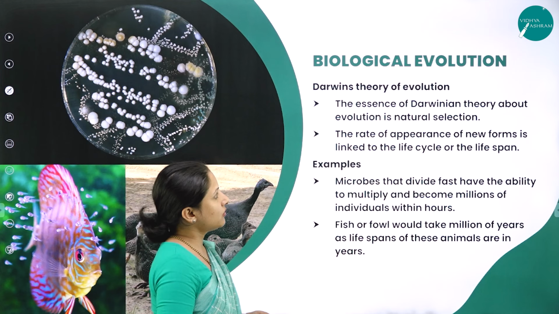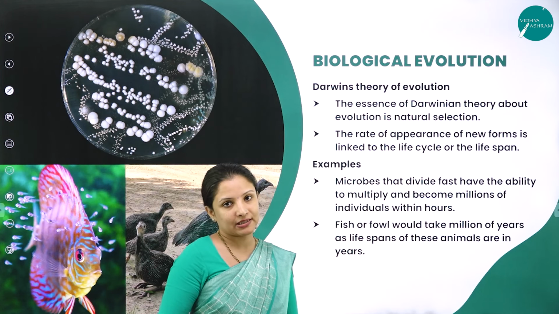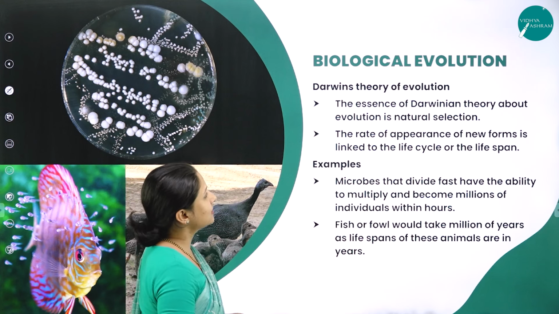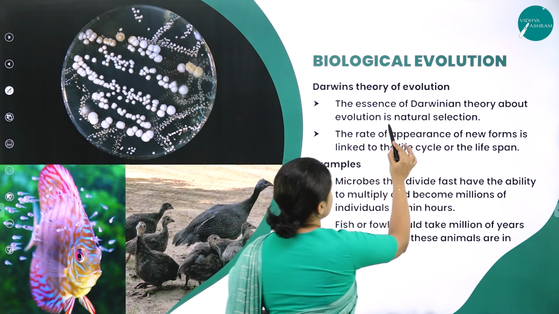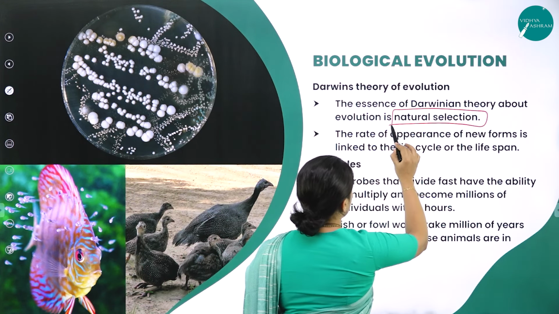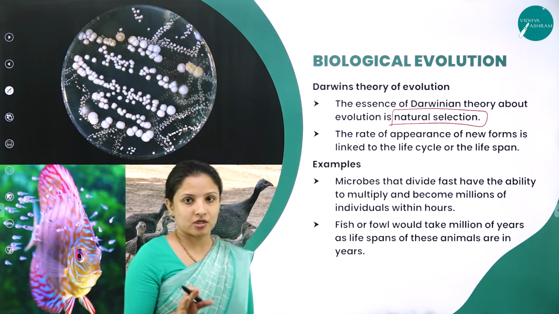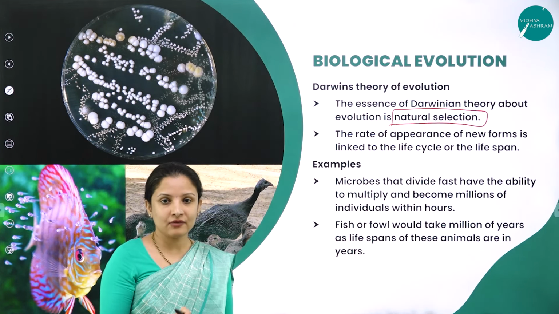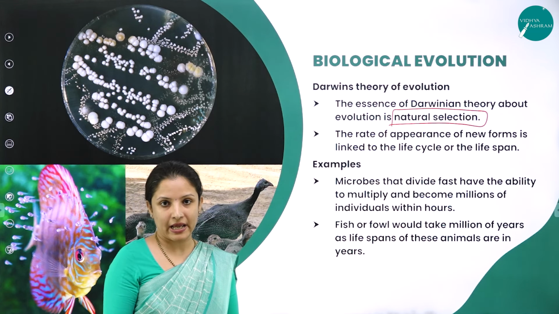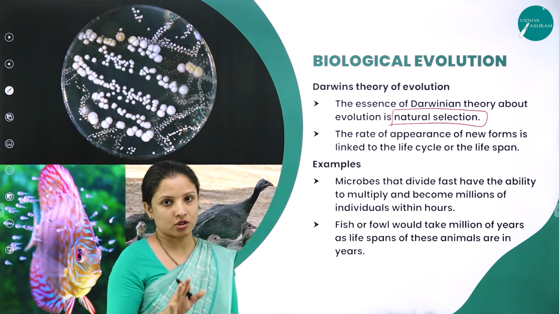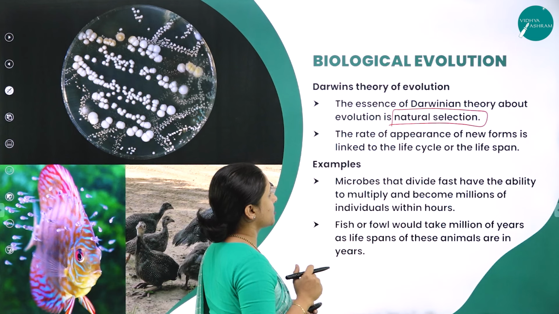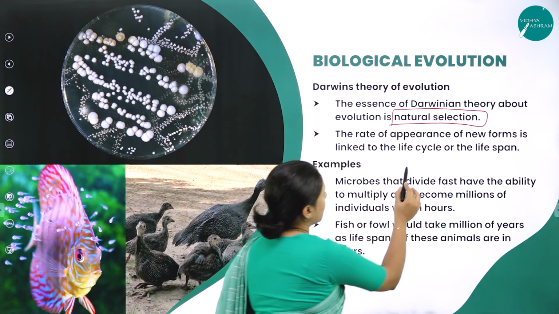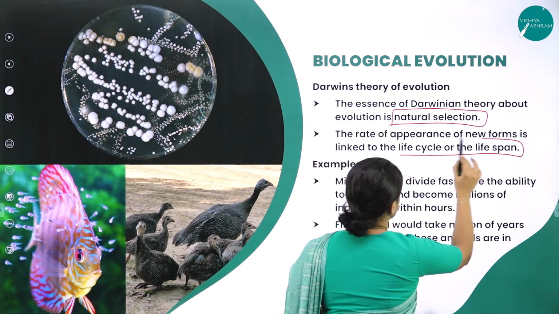So, talking about the theory of natural selection, or the theory of evolution by Darwin, the essence of Darwin's theory about evolution is natural selection. The word itself says it: organisms are selected to thrive and to survive on this planet based on nature, that is, based on natural selection. The rate of appearance of new forms is linked to the life cycle or the lifespan of the species.